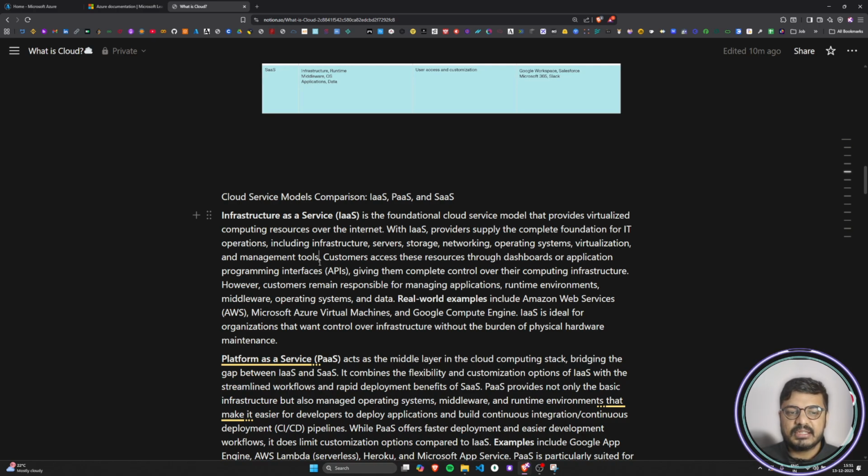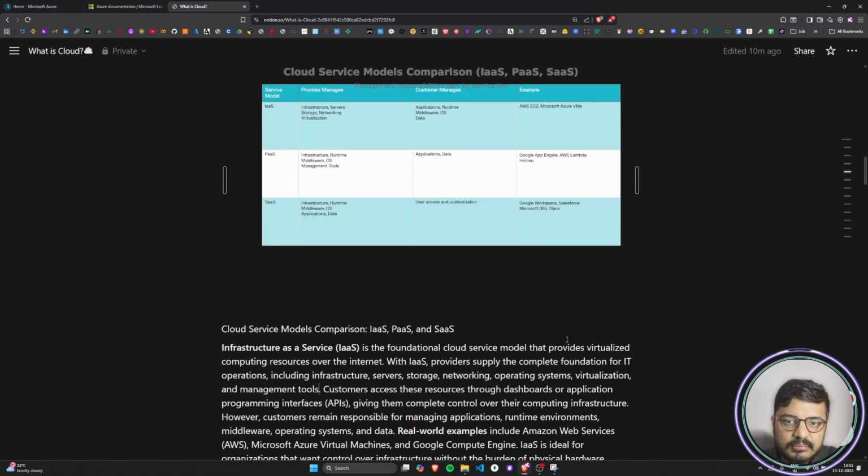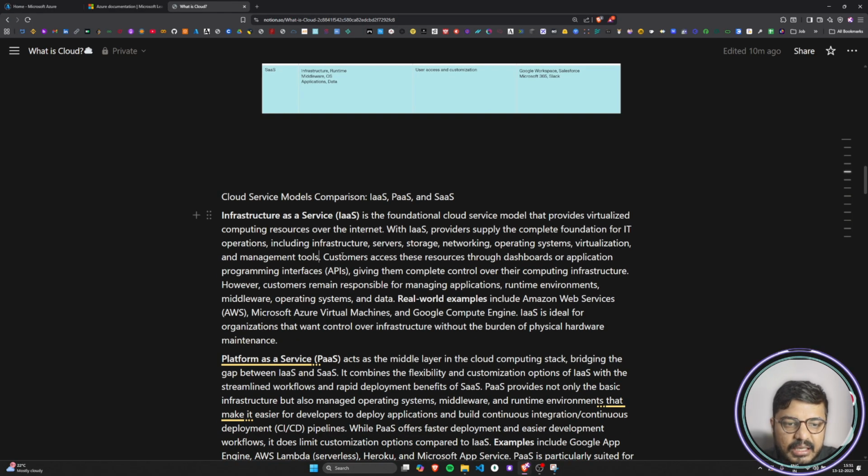Resources like EC2 instances or Azure virtual machines can be categorized as infrastructure as a service. They only provide us the servers, storage, and the operating system. The rest of the things we have to build on top of the servers.